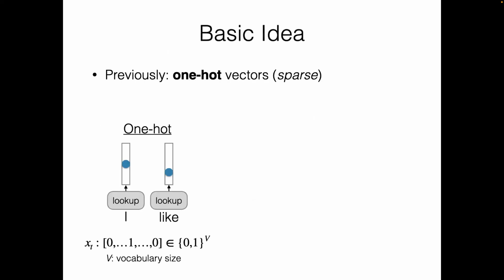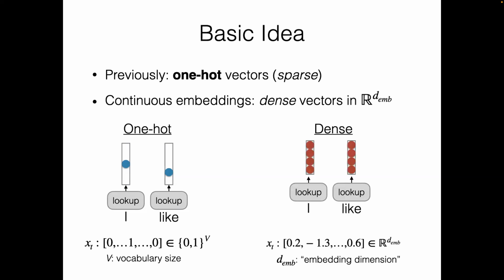So here the idea is instead of representing words, or now I'll use the word tokens, as these one hot vectors, now we want to represent each token as some dense vector or continuous embedding. This means that now we have this vector of real numbers, and it's not sparse, so there's not a lot of values that are 0.